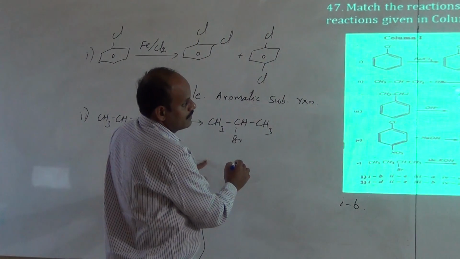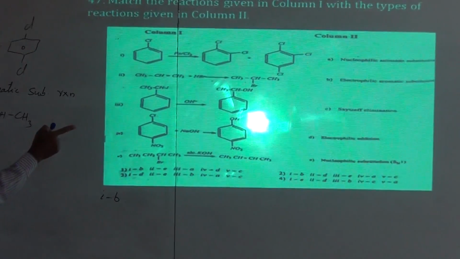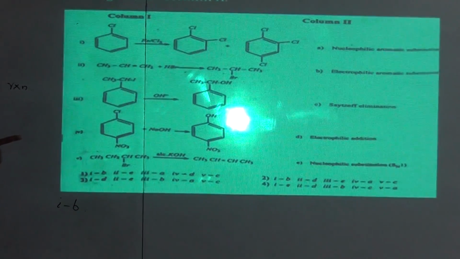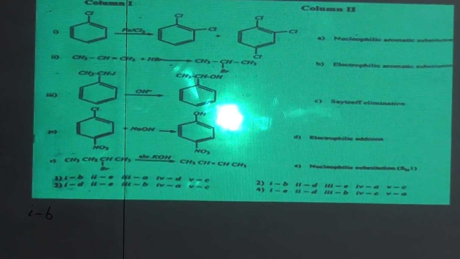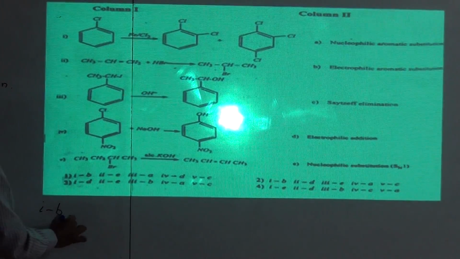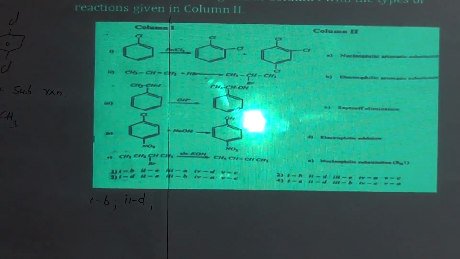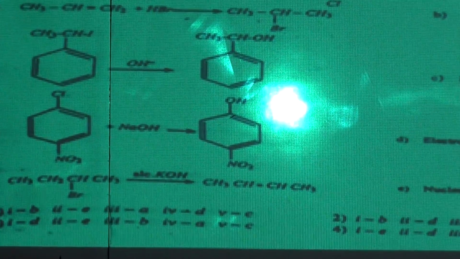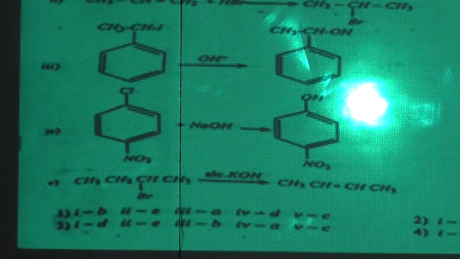First option is nucleophilic, no. B is electrophilic aromatic substitution, it is not aromatic. Next C is Saytzeff elimination, no. Next one is electrophilic addition. Thus the second one is D. So here which rule is involved? Markovnikov's rule is involved. Markovnikov's rule is an example for electrophilic addition reaction.